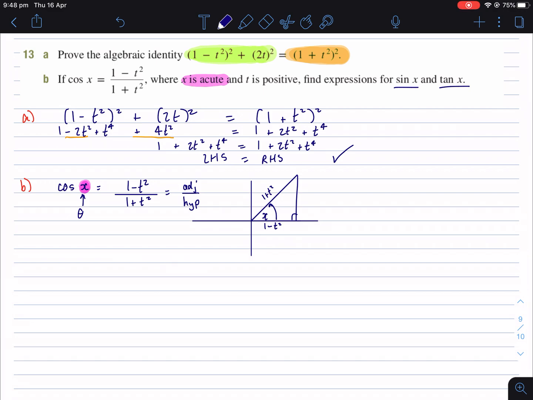So just like all of these questions, we're going to use Pythagoras. I'm going to call it y. So we've got the hypotenuse squared, so 1 plus t squared, all squared, equals, and then we've got the other two squares, so y squared plus 1 minus t squared, all squared.